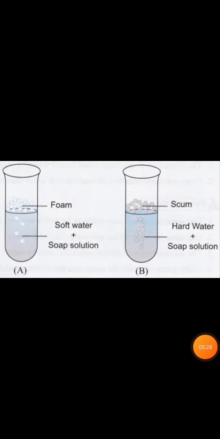Now, let us talk about another thing: scum. Have you ever observed while bathing that foam is formed with difficulty and an insoluble substance, known as scum, remains after washing with water? In the soap activity, we took soft water in one test tube and hard water in the second.